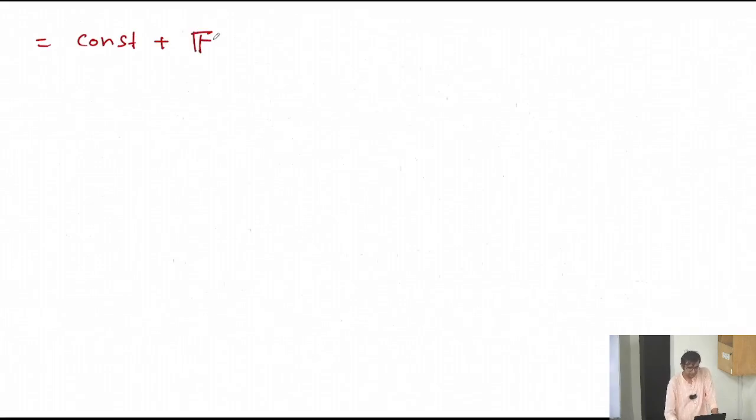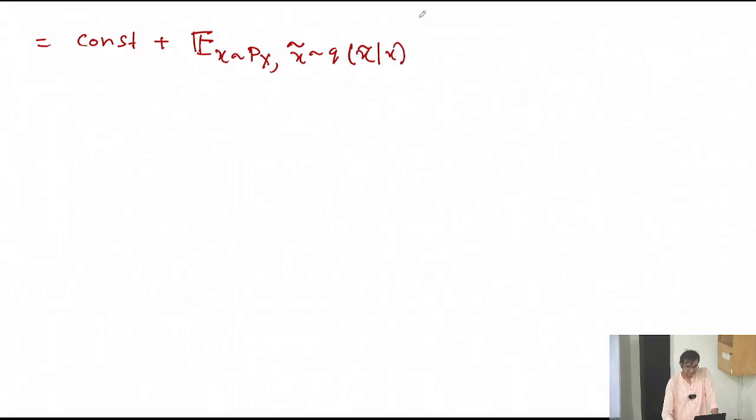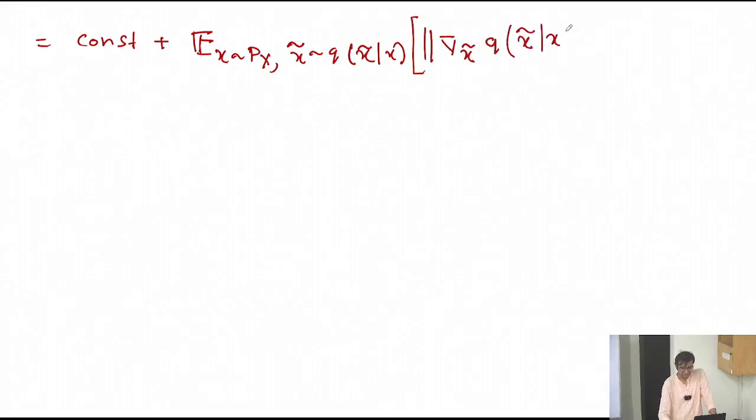This is equal to then constant plus expectation x from px, x tilde from q, x tilde given x, and then norm of gradient of x tilde log q, x tilde given x minus s theta x tilde.